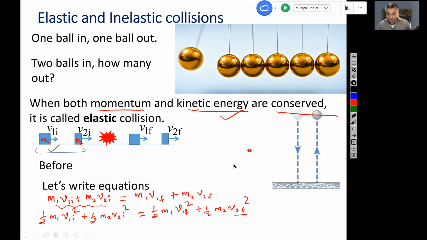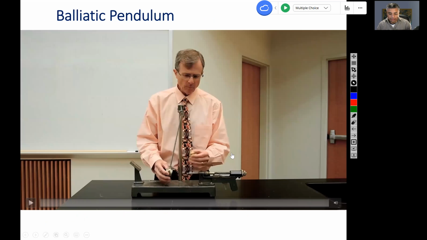And that's where this example of the ballistic pendulum comes in. Let's watch this, and then we'll do a problem related to this. So the ballistic pendulum, what happens? Let's watch this description.